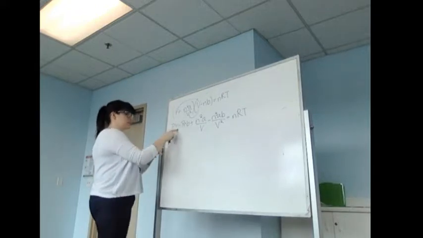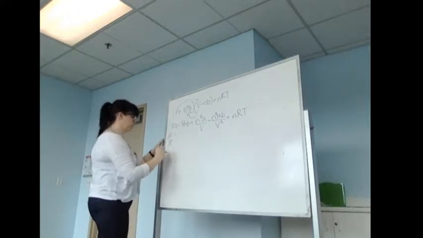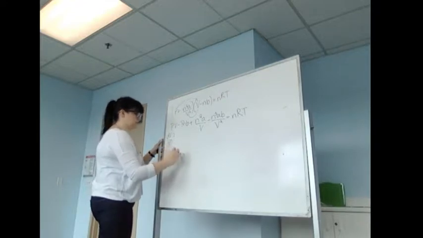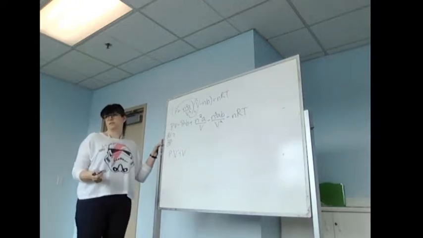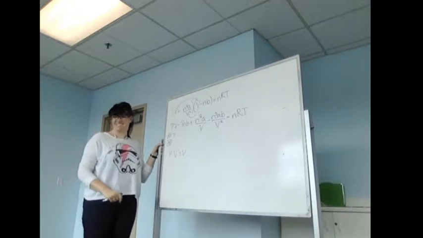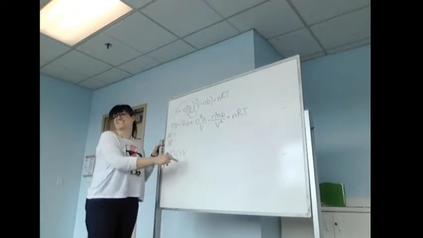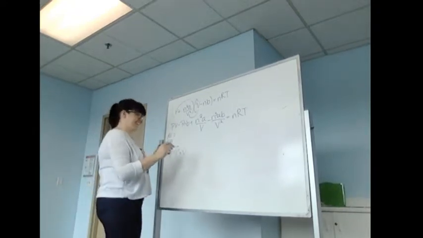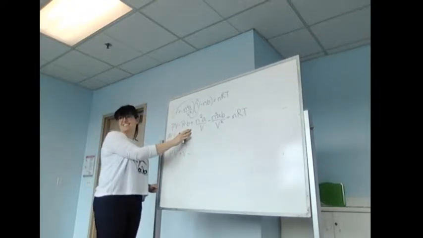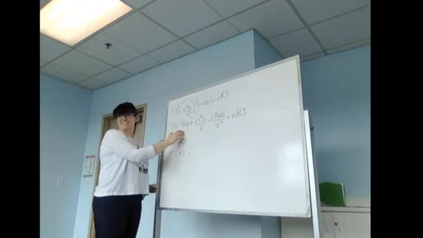This is going to be the product rule on PV: the first times the derivative of the second plus the second times the derivative of the first. But because it's with respect to P, the derivative of P is just 1.